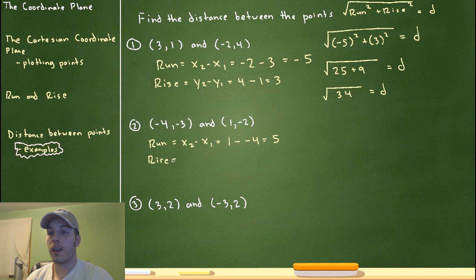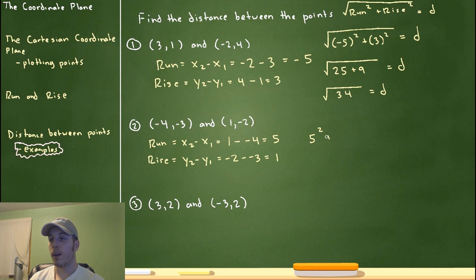And for the rise, this would be y2 minus y1. And I get negative 2 minus a negative 3. Okay, so that's the same as negative 2 plus 3, which is going to be positive 1. Okay, then I apply the formula.